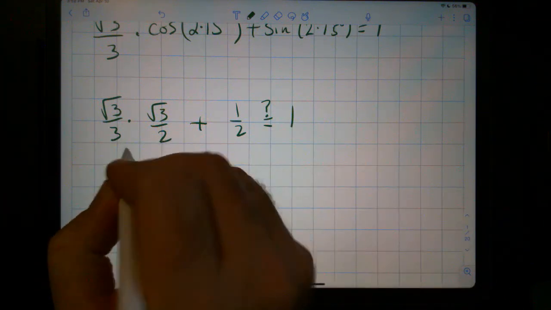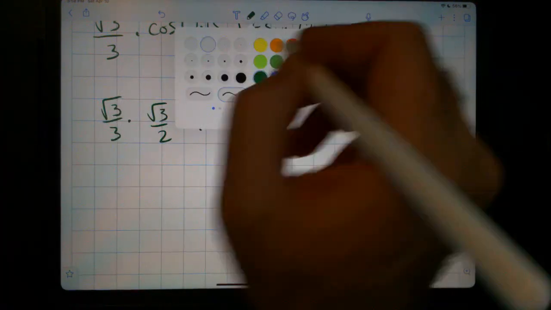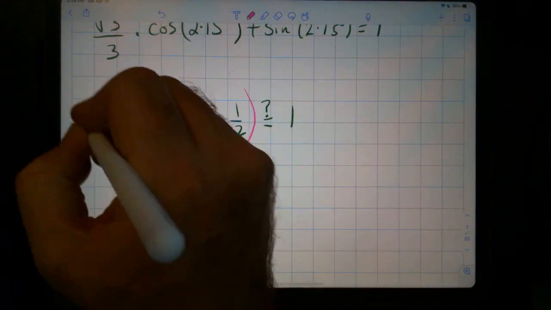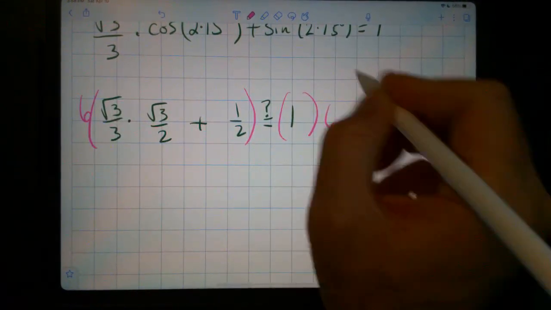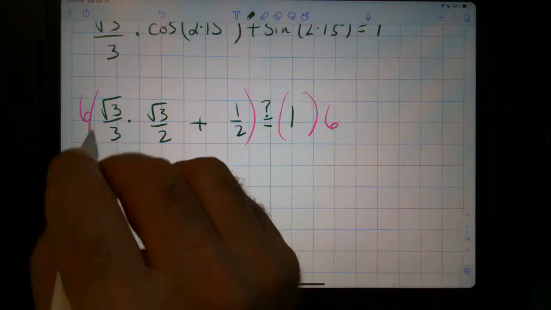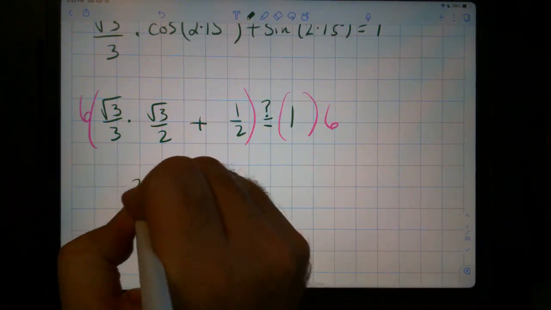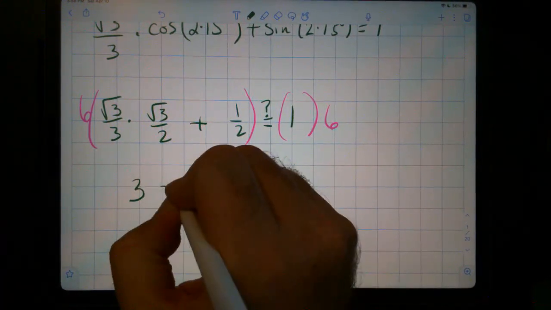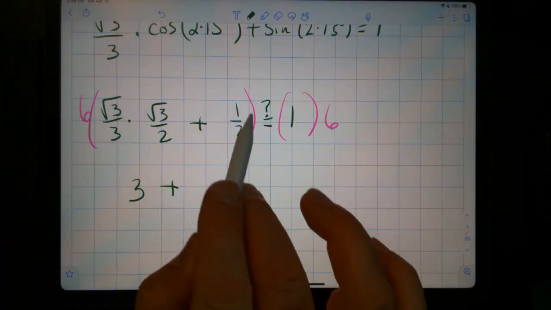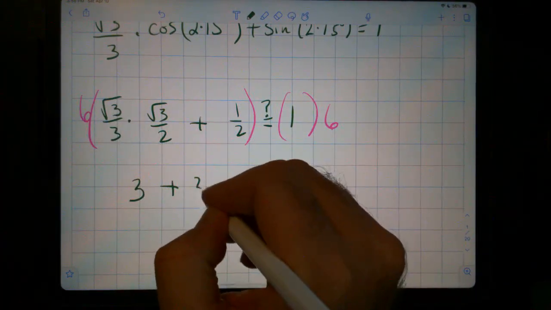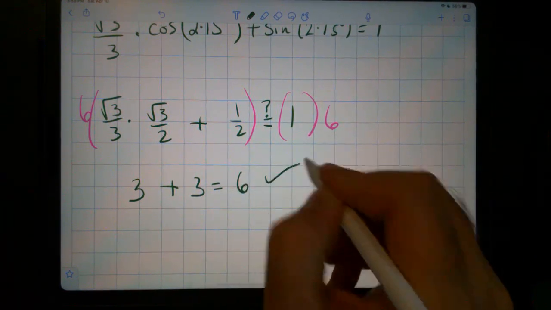So if I multiply everything by 6, this will give us radical 3 times radical 3 is 3, plus 6 times 1/2 is 3, and this is equal to 6. Yes.